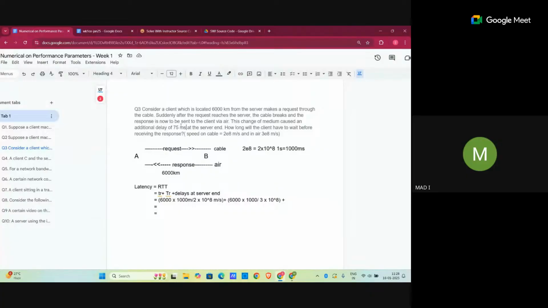So 75 milliseconds will be equal to 0.075 seconds. Here I simply did 75 divided by 1000.